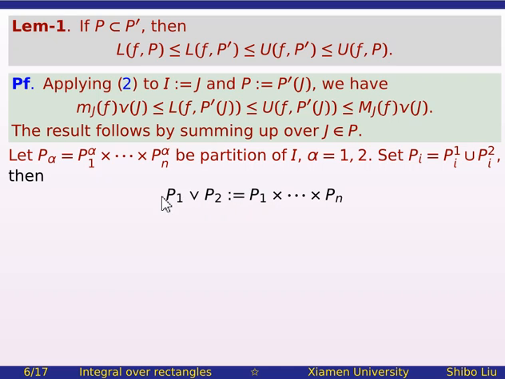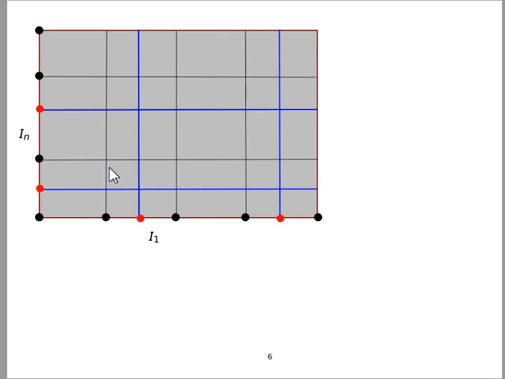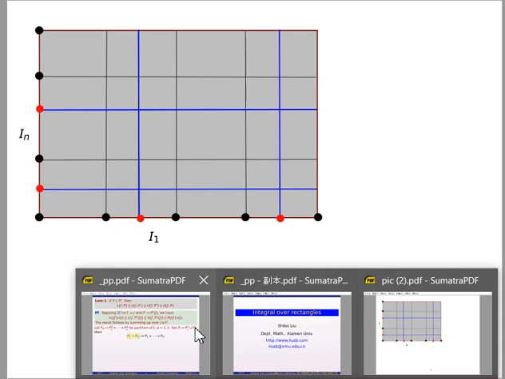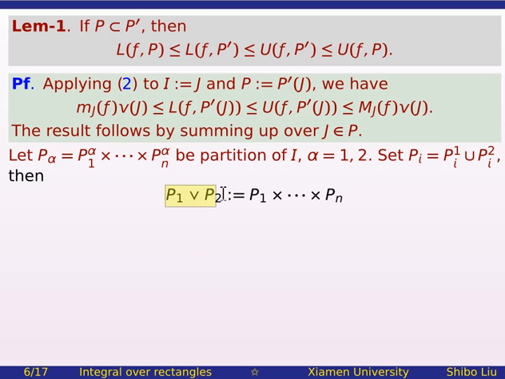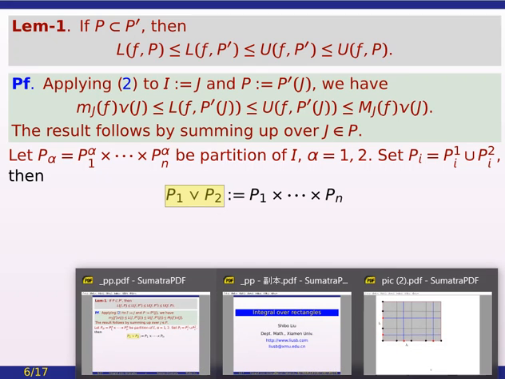So what is this partition? For our picture here, as I said before, the rectangles of P1 are the rectangles with black edges, and the rectangles of P2 are the rectangles with blue edges. For P1 wedge P2, what are the sub-rectangles of this partition?